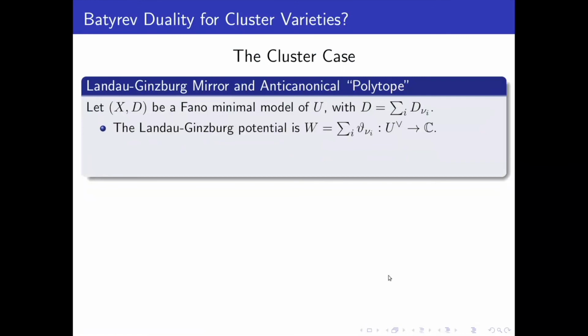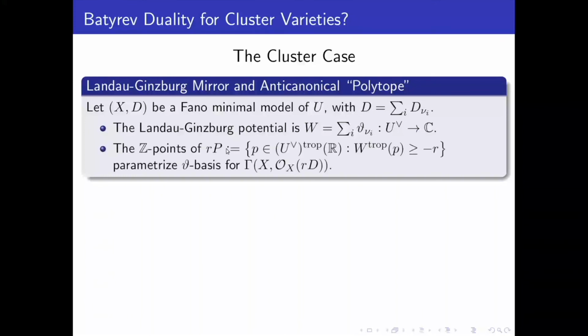So now we'll have a Fano minimal model of a cluster variety U. D will be a sum of components now corresponding to tropical points of U instead of co-characters of T. The Landau-Ginzburg potential is the sum of the corresponding theta functions on the mirror.